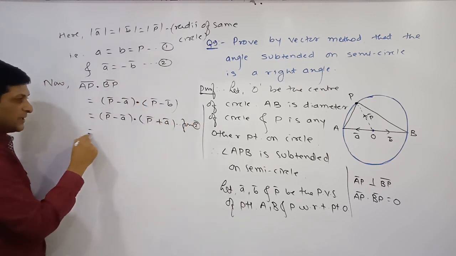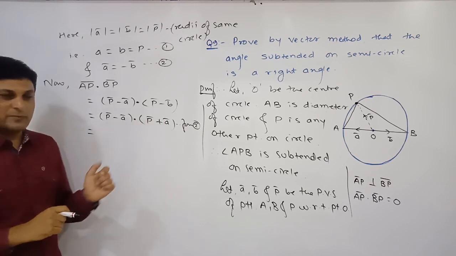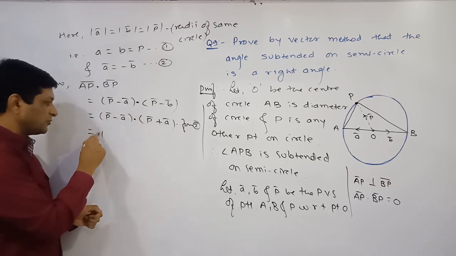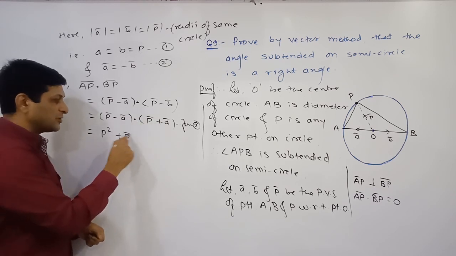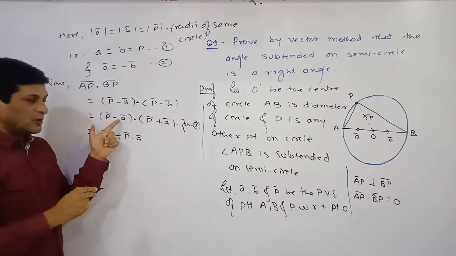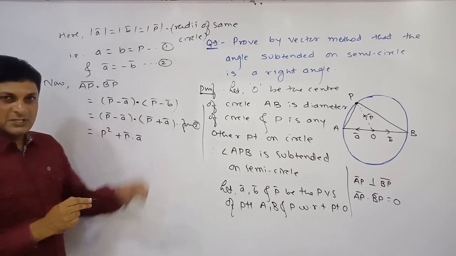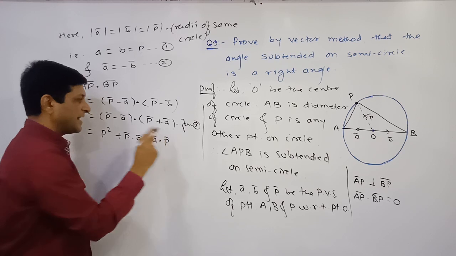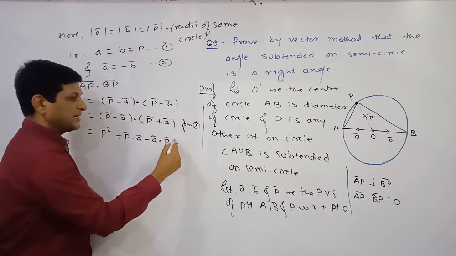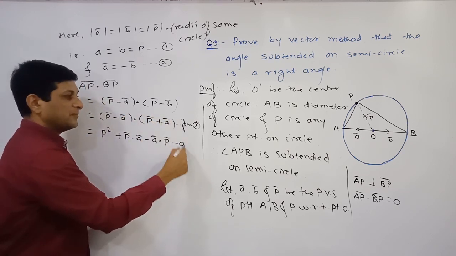Now take the dot product of these two brackets. P bar dot P bar is equal to P square. P bar dot A bar stays as it is. Now take the dot product of minus A bar with both terms in this bracket: minus A bar dot P bar, and minus into plus becomes minus, and A bar dot A bar is equal to A square.